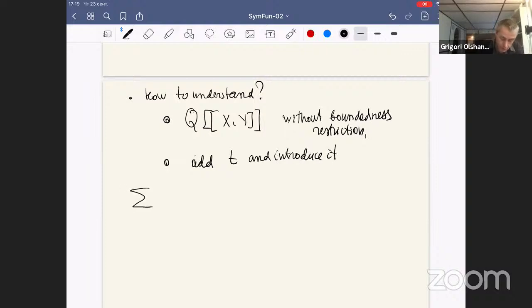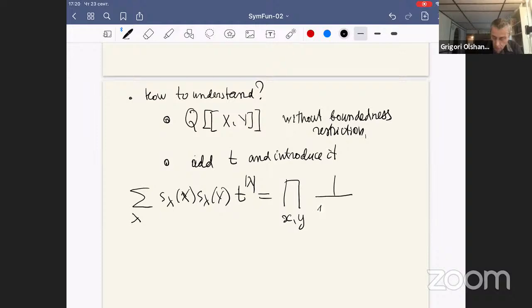For instance, one can write t to the number of boxes, the size of our diagram, which means that now we can place both sides into the algebra of symmetric functions tensored with the algebra of formal power series in the variable t.